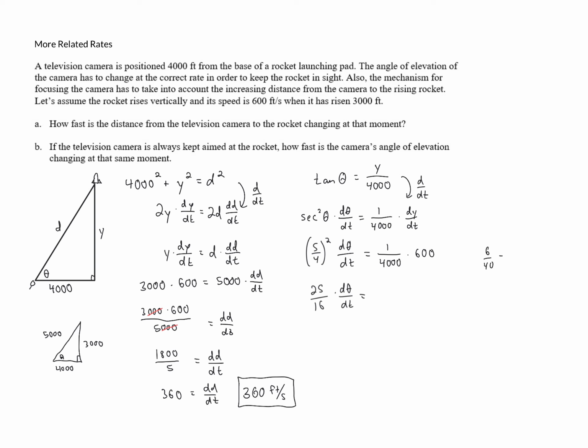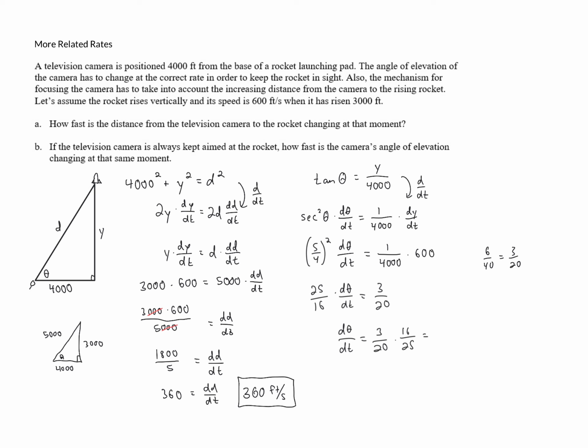If we reduce it by 2, that gives us 3/20. So this is going to be 3/20. And then to get d theta over dt alone, we just multiply by the reciprocal of 25/16, which is 16/25. So that's going to be 3/20 times 16/25, not 20ths.